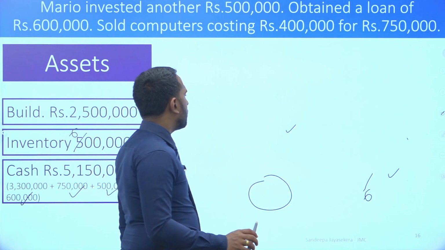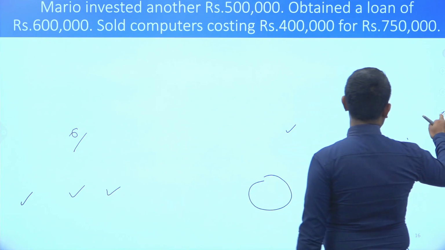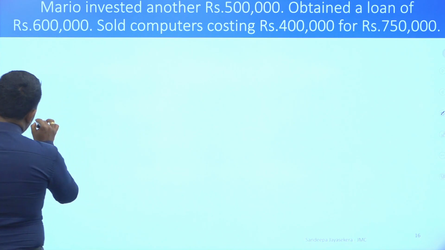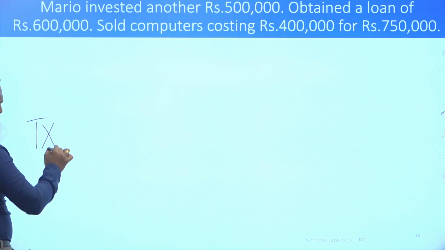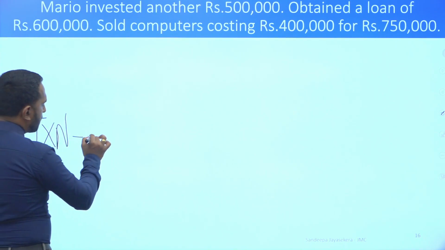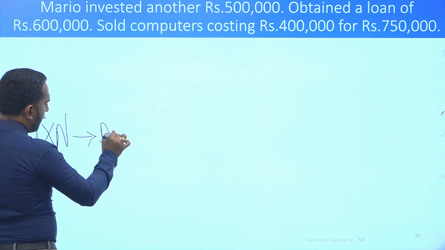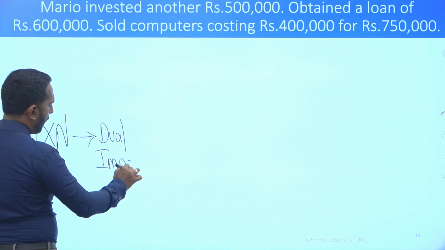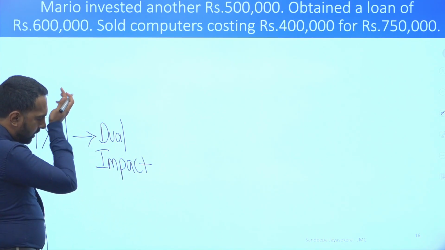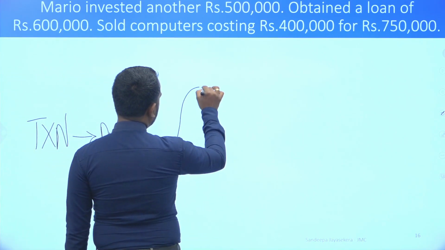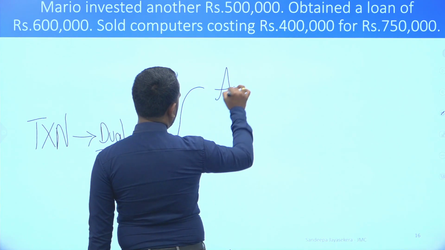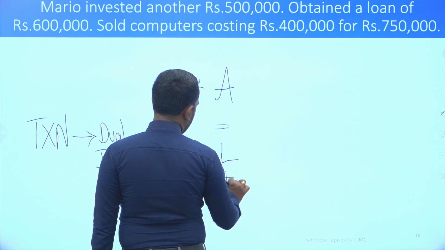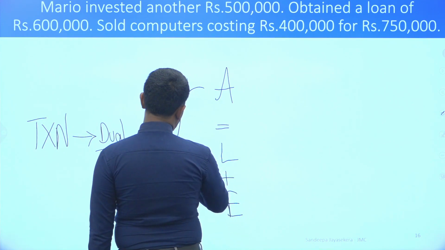So like that, now you can see every transaction, right? Every transaction, guys, has a dual impact. And this dual impact is impacting either the assets, which is equivalent to either the liabilities or the equity.